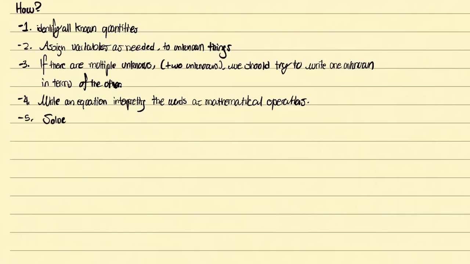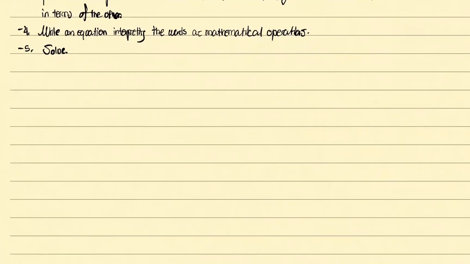And then the fifth one is a little broad, but then after that we solve. But once we've done all of these things, we should have enough information to at least see the breadcrumb trail on how to arrive at the final answer. So let's try some examples.